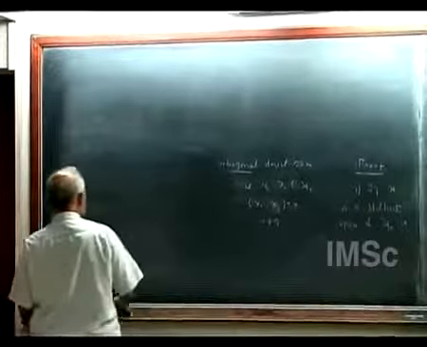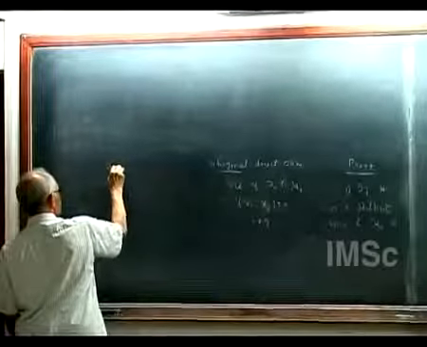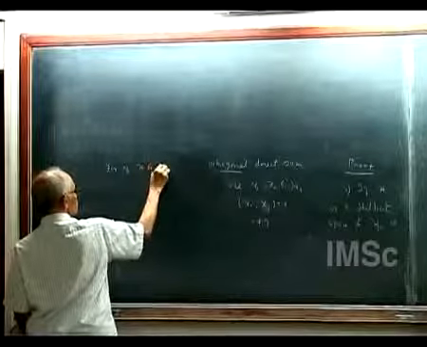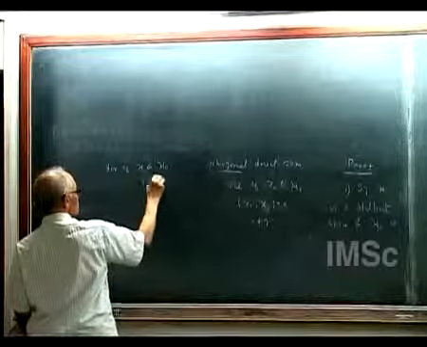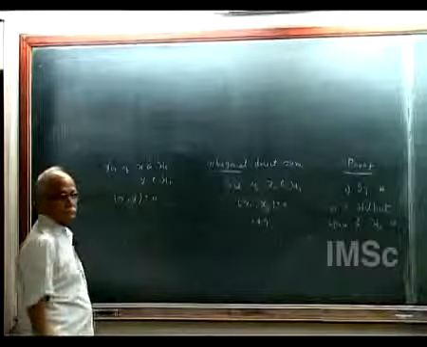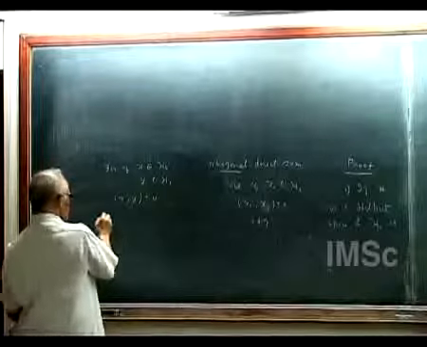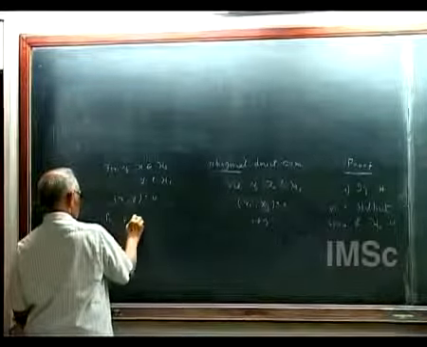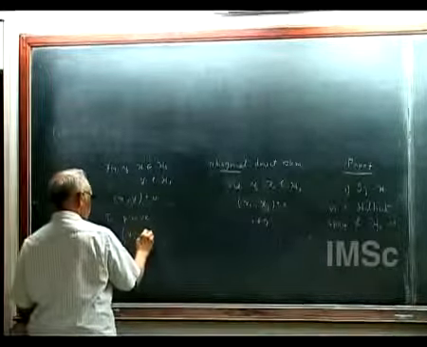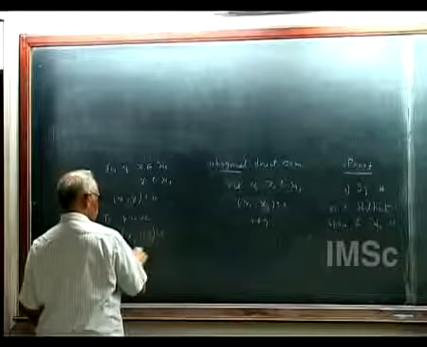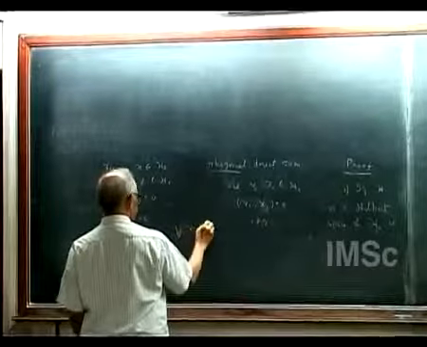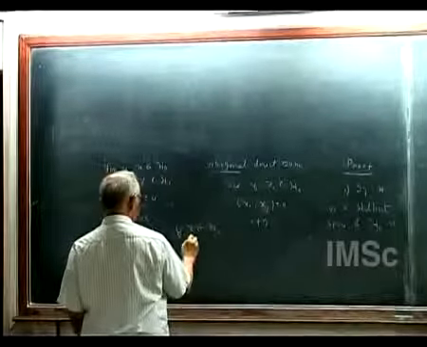What I have to prove is, if x is in H0 and y is in H1, then we know that <x, y> is 0. I have to prove <x, Uy> is 0, for all x in H0, all y in H1.